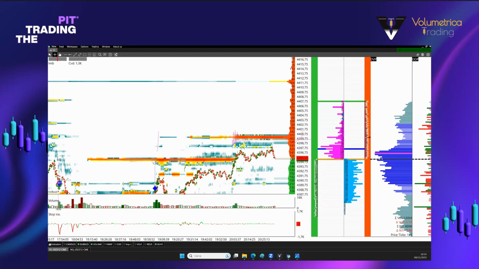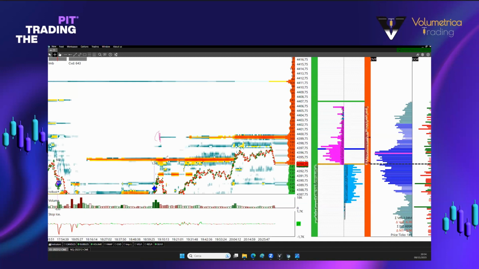For example, let's make a quick analysis of this pool of liquidity. Roughly, it starts to be relevant from here on, but we can see that it wasn't immediately that thick, that relevant, right? It was just green here.